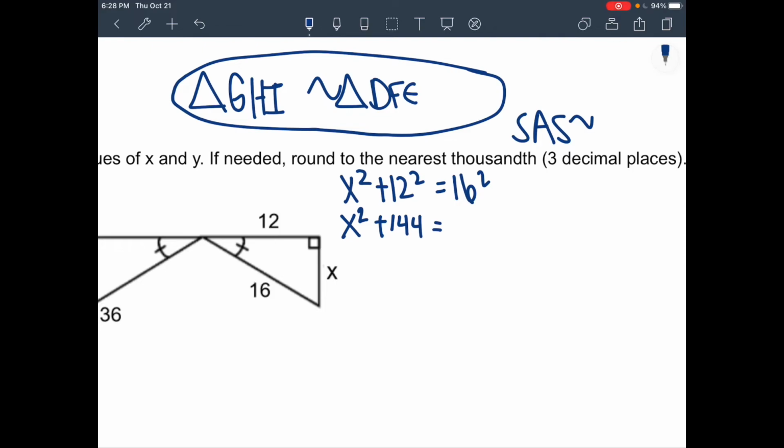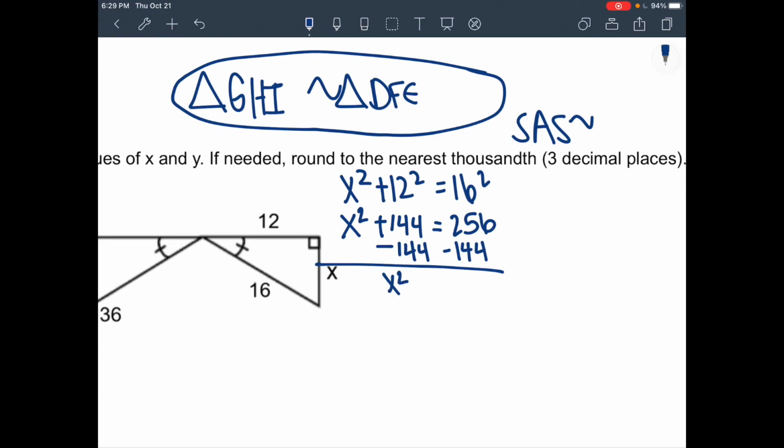So 12 squared is 144, 16 squared is 256, and then instead of where we were adding these together before, because the numbers were right next to each other, they're not, so we just solve minus 144, just as you normally would with any algebraic equation like that.